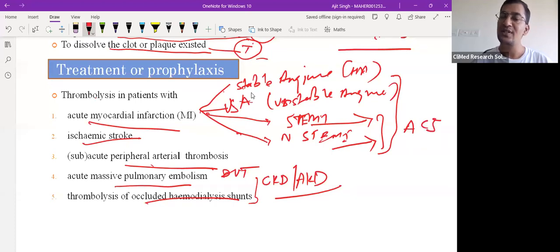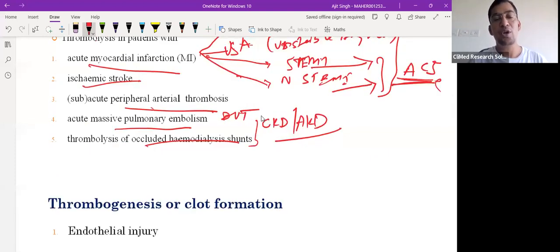Okay, so ACS means acute coronary syndrome. It needs urgent attention from the cardiologist or from the physicians. Okay, and stable angina can be diagnosed and treated easily if you go to the clinician or the cardiologist. They will do one ECG, echo or treadmill test. But unstable angina, STEMI and NSTEMI are acute coronary syndrome usually. Okay, so these all are the indications for antithrombolytic agents.